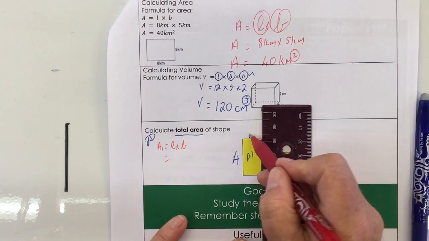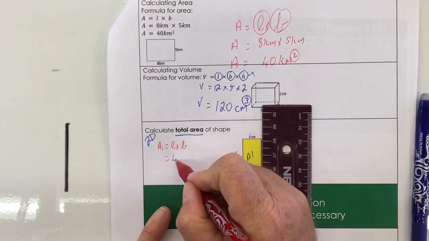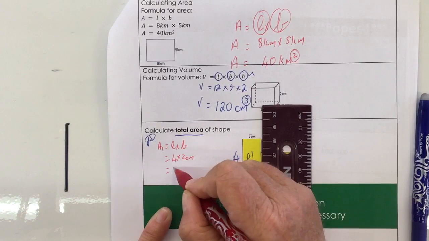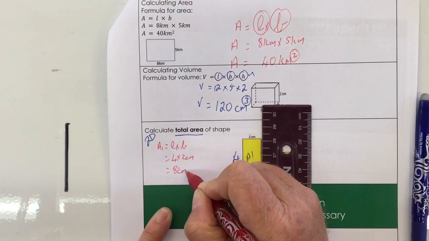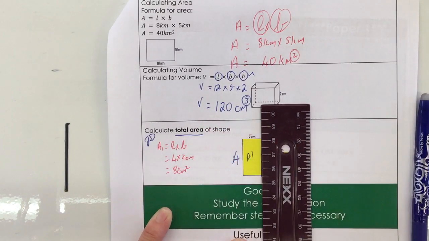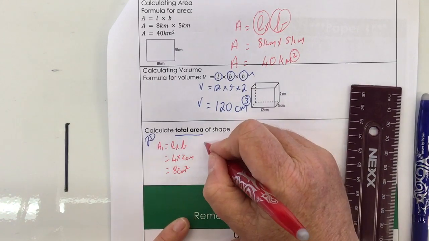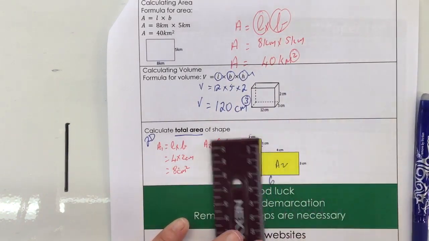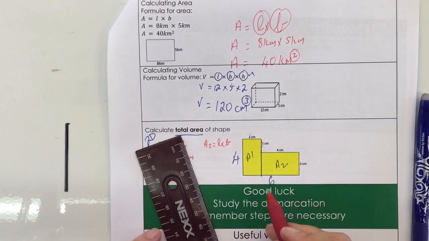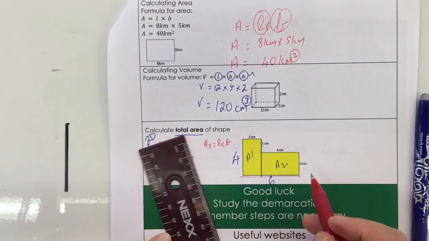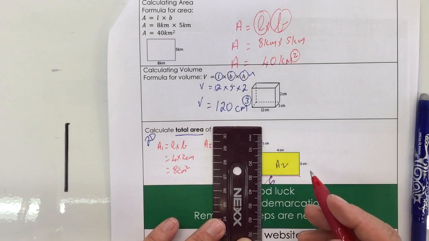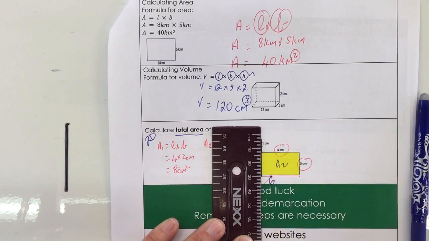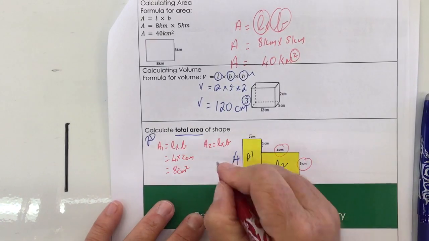Okay, and my numbers here are 2 and 4, so I'm going to write it down, and it's in centimeters, so I get 8 centimeters squared. I'm now going to do my next calculation. A2 equals length times breadth, so I hide that away. This 6 is actually of this whole line, so I don't really need the 6 in this calculation, but the length of the drawing is 4 and my width is 3.